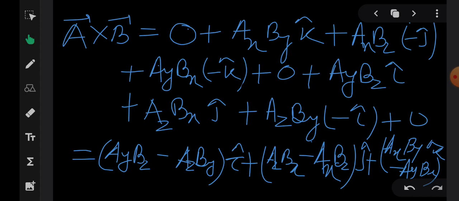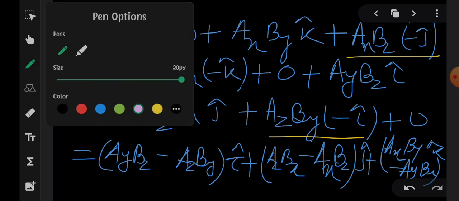So we will arrive here. Finally, we will club together the two terms containing I, and then J and J.